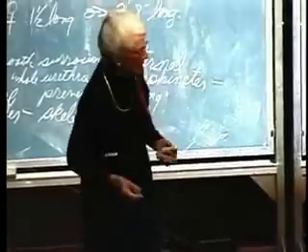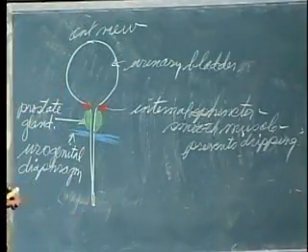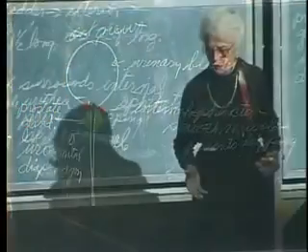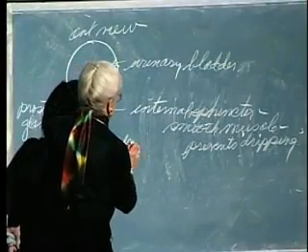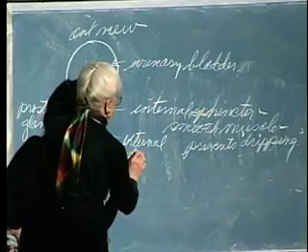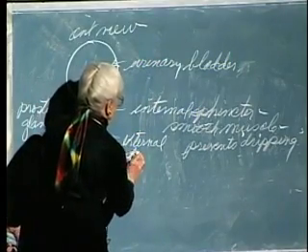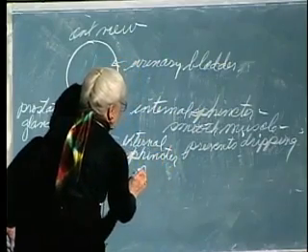You might expect the external sphincter to be down at the opening, as it is with the female urethra. But his external sphincter is here. And that's skeletal muscle.